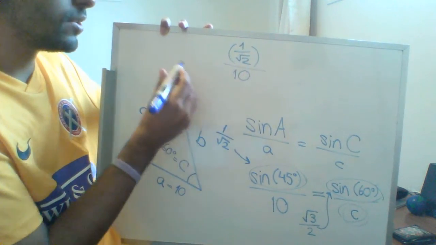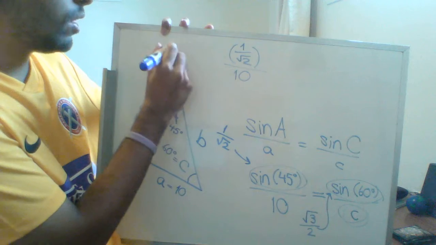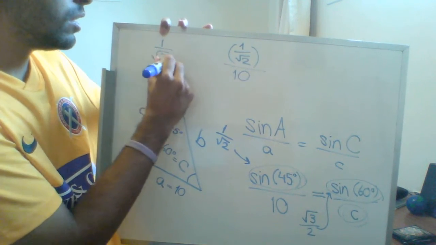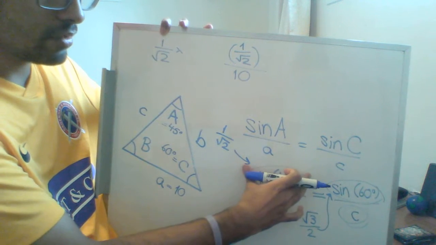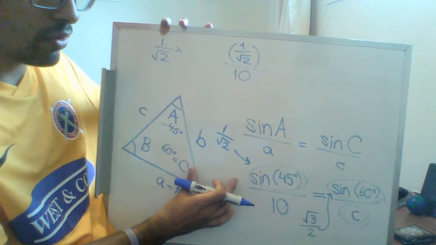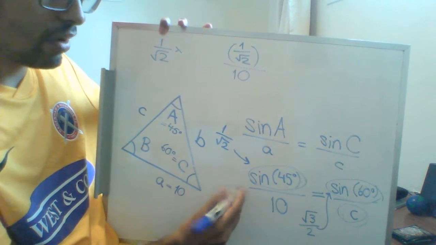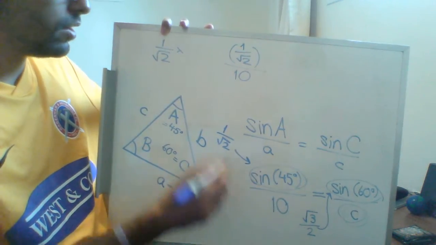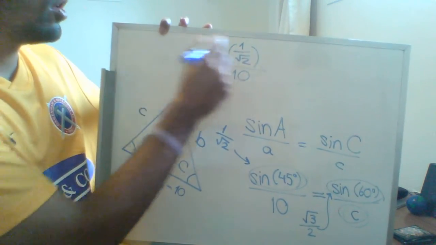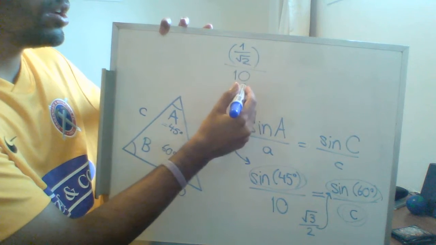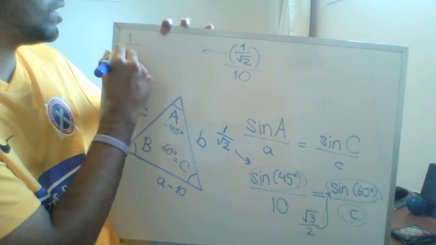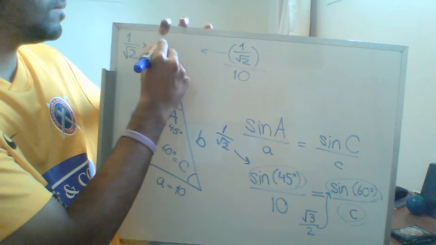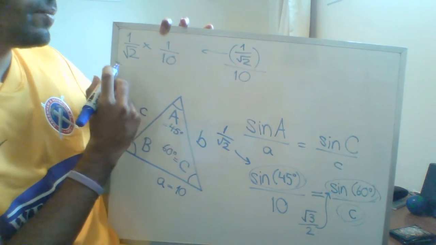Now I can rewrite this because basically I have 1 over root 2 times, if I move sine 45 away from the fraction, sine 45 times 1/10. You see what I'm saying? You could have 1 over root 2 divided by 10, or I could have it as 1 over root 2 times 1 over 10.